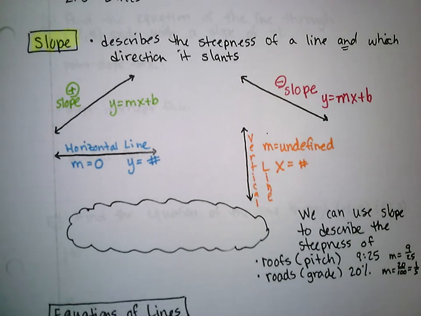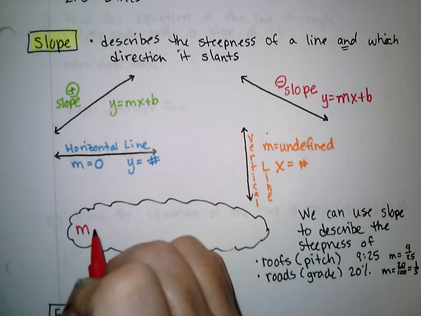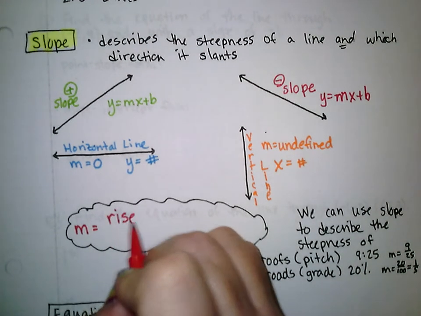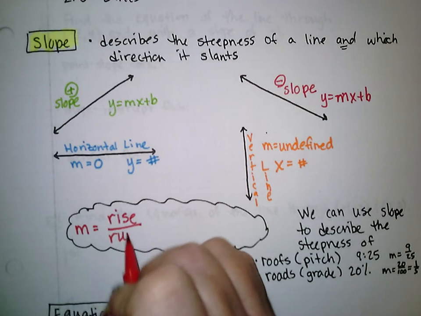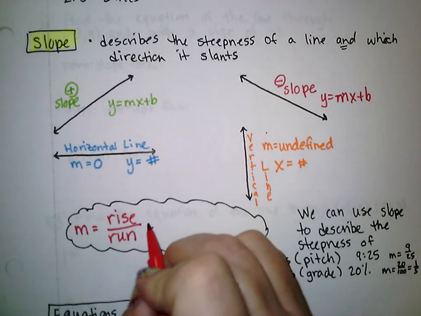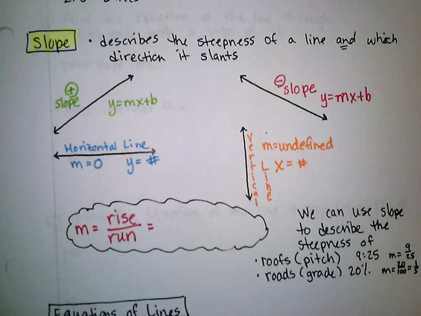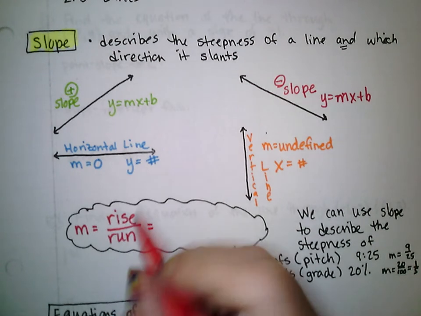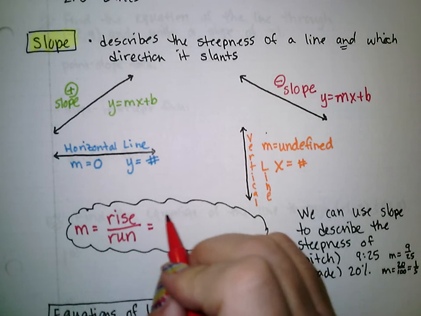How do we find slope? We find slope by doing rise over run. Most people can tell me rise over run. Sometimes people can tell me the formula. But a lot of times when we go to figure out slope, we, for some reason, get it upside down. So I always just remember rise rhymes with y's.